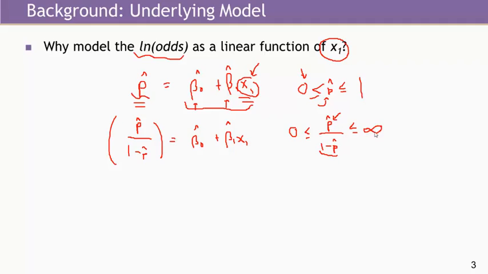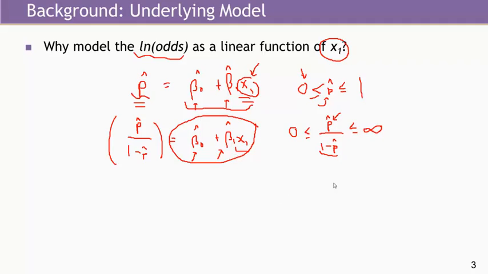So odds lives on a more open range than proportion or probability, but it's still constrained by the fact that all estimates of the odds are positive. And if we have a continuous predictor, trying to estimate an intercept and slope such that all predicted odds for all observations in our data set turn out to be positive is again a tricky estimation issue.